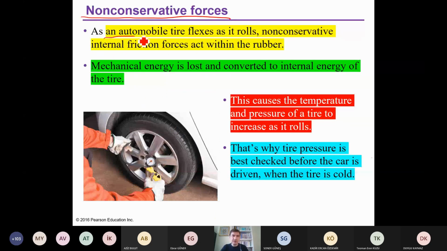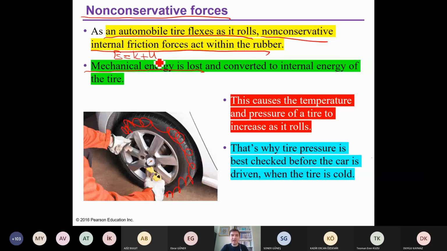Let's consider non-conservative forces, friction, for example. An automobile tire flexes as it rolls. Non-conservative internal friction forces act within the rubber. Here, this is the rubber material of the tire, okay? So mechanical energy is lost. What about the mechanical energy? Mechanical energy is given with kinetic energy plus potential energy.